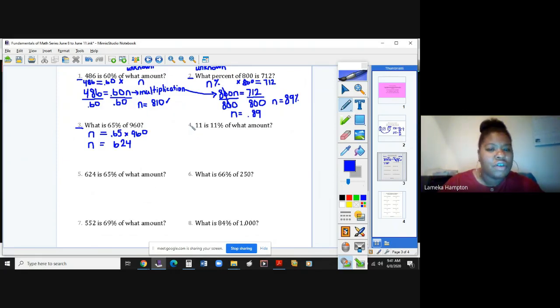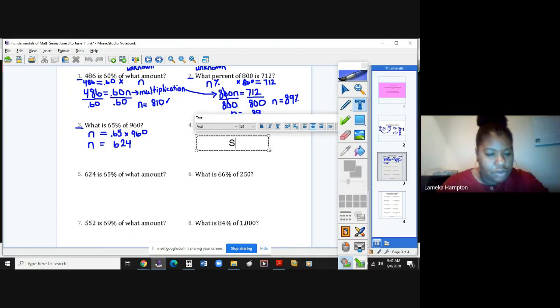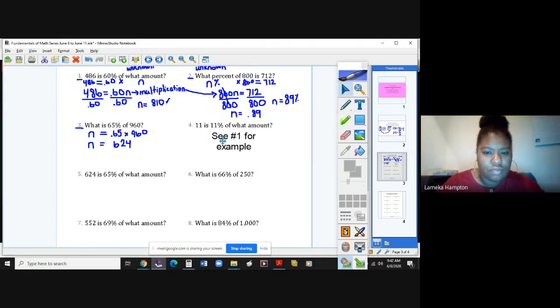Number 4 is the same as number 1. So you're going to solve number 4 the same way that you would number 1. The format and the template is there for you. You just have to make sure that you know where to put your numbers. I'm going to go ahead and type these here. You're going to see number 1 as an example for number 4.